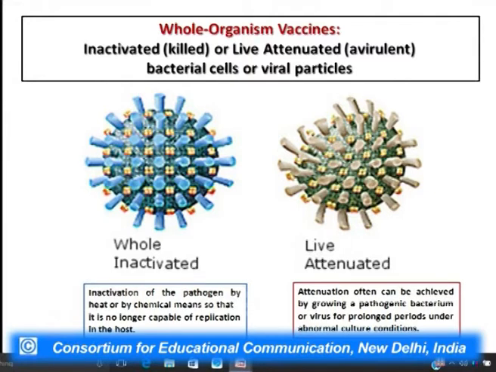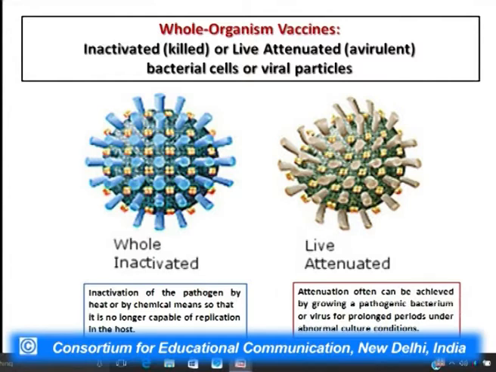It could be done by heating the pathogen or by certain chemical means, or other means, so that it is no longer capable of replication in the host. So there is no danger that the person given it will show any manifestation of the disease, because the pathogen is wholly inactivated.